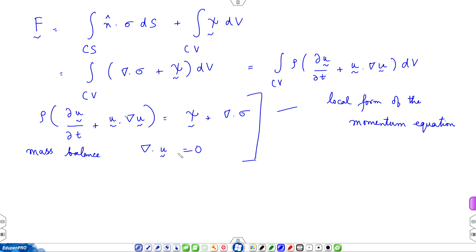So, in this equation u is the velocity vector which appears in both equations. You have acceleration in the momentum equation, and it appears as a vector field in the mass balance equation. Chi is a body force field which is specified. If it is gravity, it is just minus rho g k. So, that leaves us with sigma.